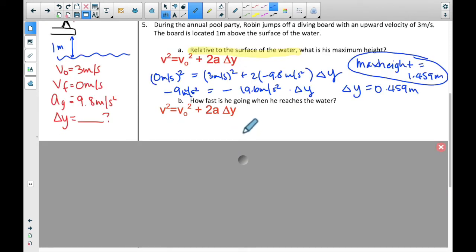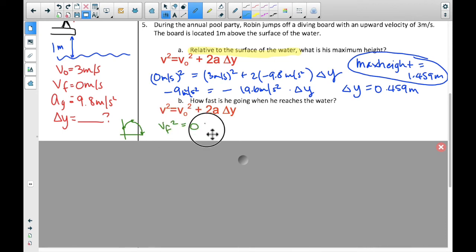So at this point, if we think about the second half of that parabola, so he started here, we went up, we calculated to here. Now let's look at the second half of the parabola. And for the second half of that, final velocity is what we're solving for. Initial velocity is going to be 0. So let's go ahead and start putting in some of this information.